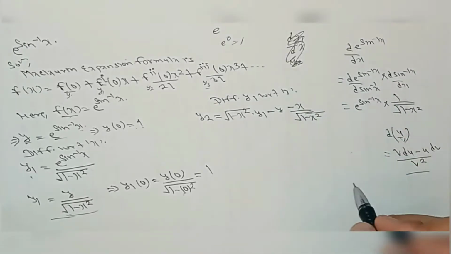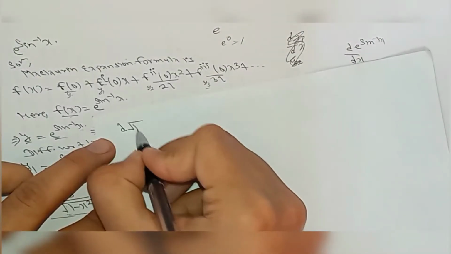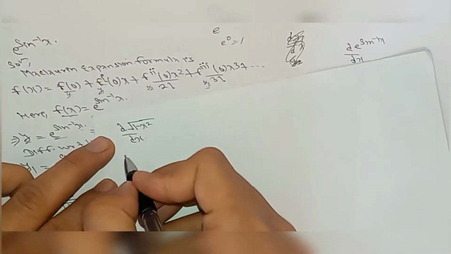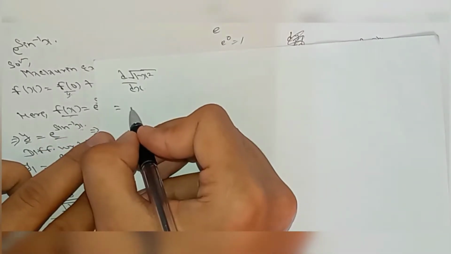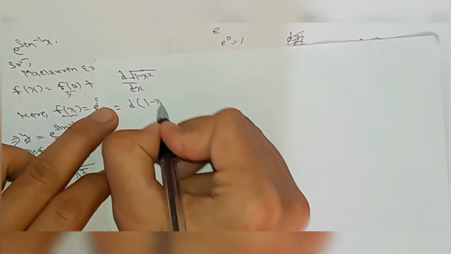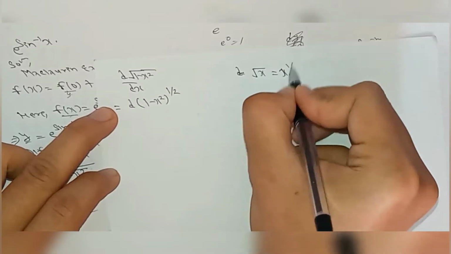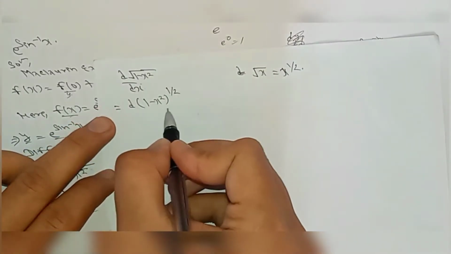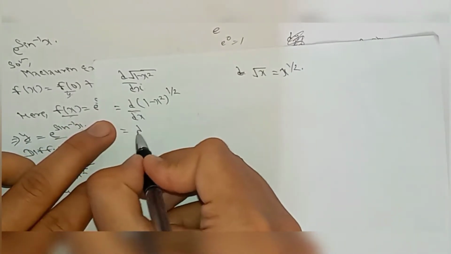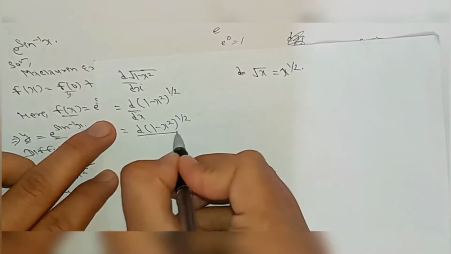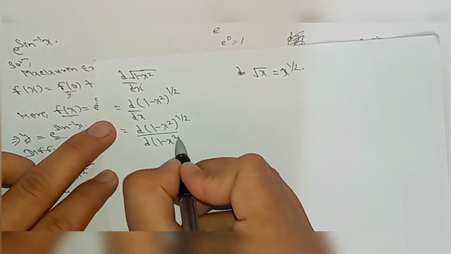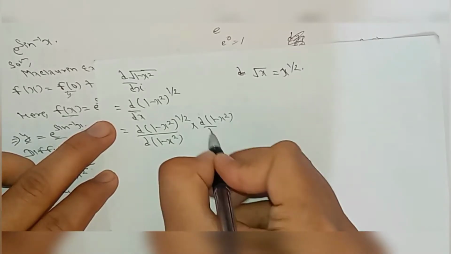How did we obtain this? We have to differentiate root under 1 minus x square with respect to x. We can write it as 1 minus x square to the power 1 by 2, since root x is x to the power 1 by 2. This can be written as d of 1 minus x square to the power 1 by 2 by d of 1 minus x square into d of 1 minus x square by dx.